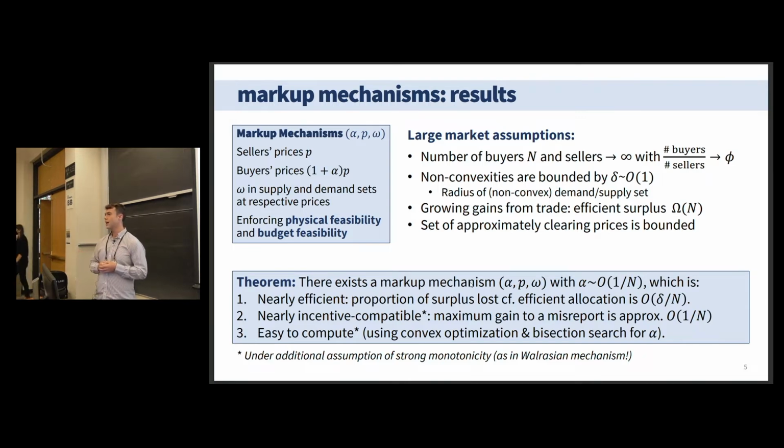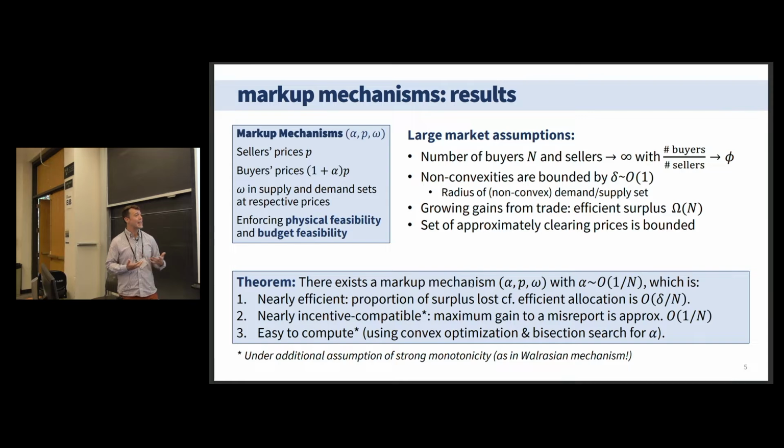So our result is that there exists a markup mechanism such that this markup parameter is of order 1 on n. So as the market gets large, these markups needn't be very large. And moreover, this markup mechanism is nearly efficient. So the proportion of the surplus lost in this mechanism compared to the efficient allocation is also order 1 on n. And it's nearly incentive compatible. Well, in particular, it has exactly the same incentive properties as the Walrasian mechanism.